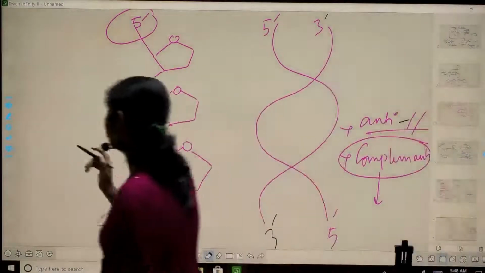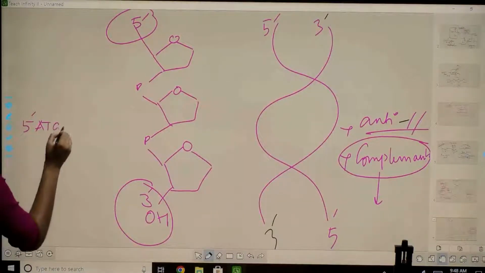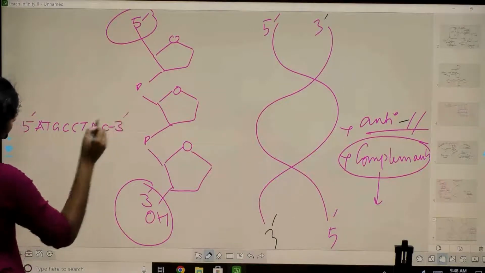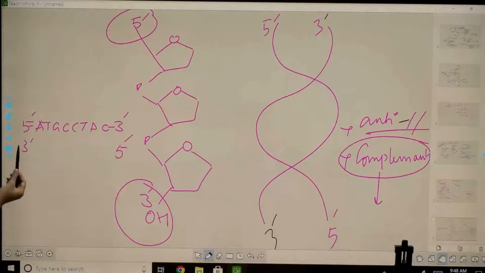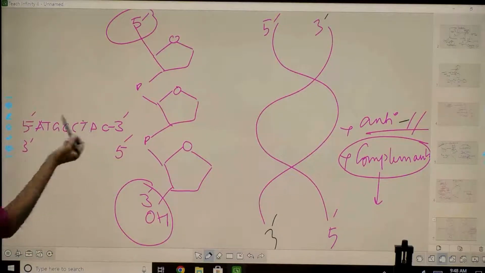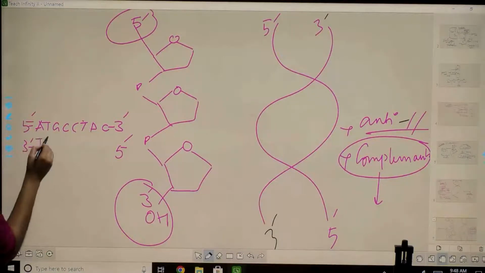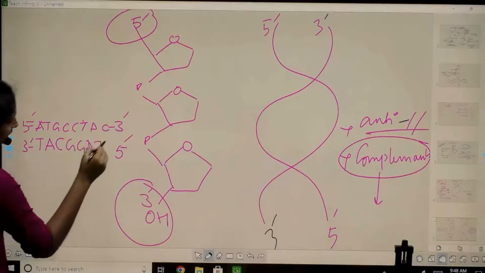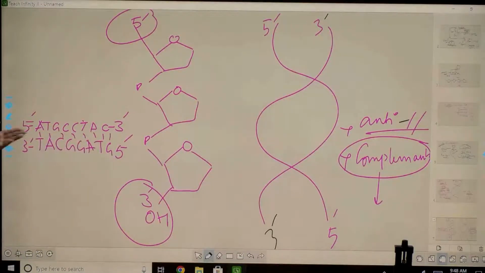What that simply means is, if this strand is complementary to the other, then if here there is A, here there would be T. A, C, G, G, A, T, G. So you can say they are complementary to each other due to base pairing.